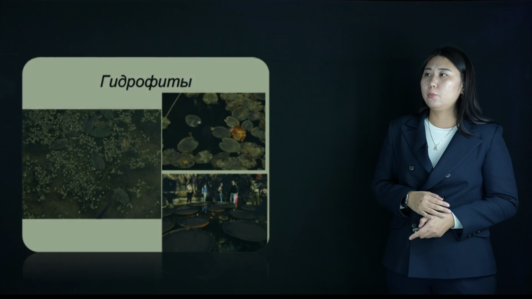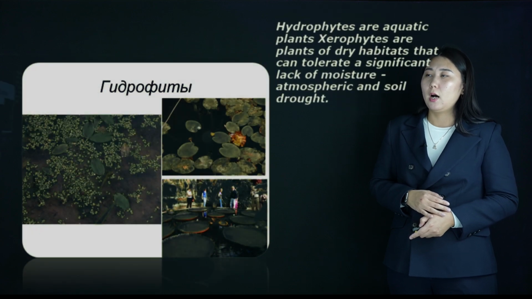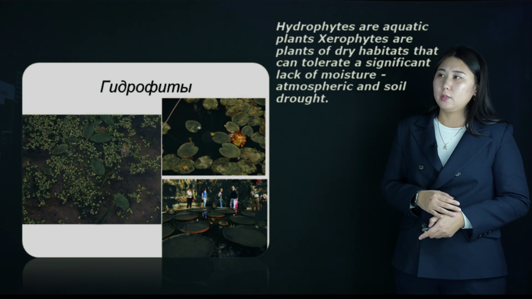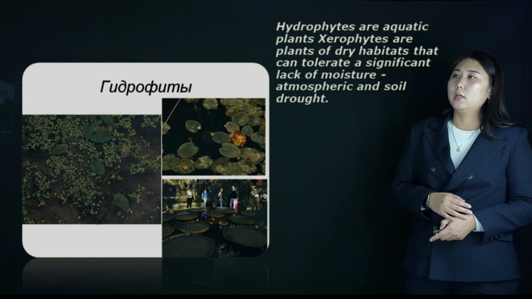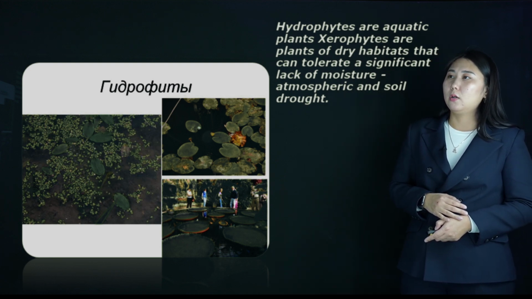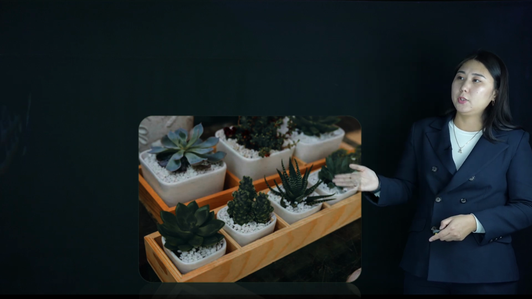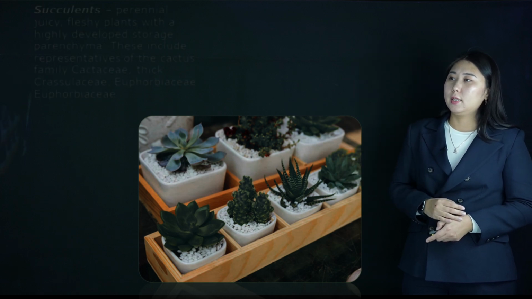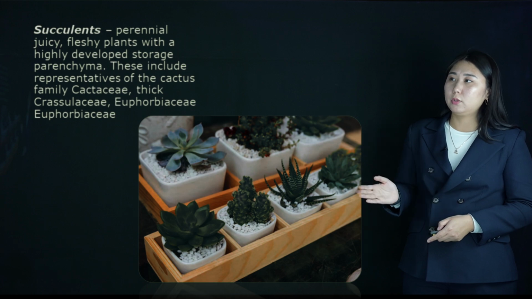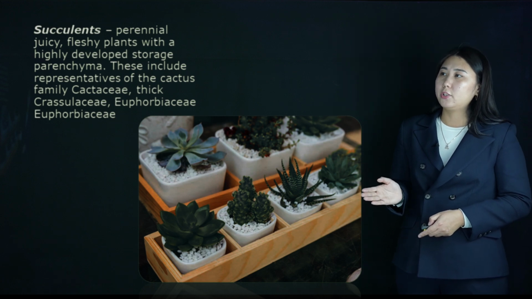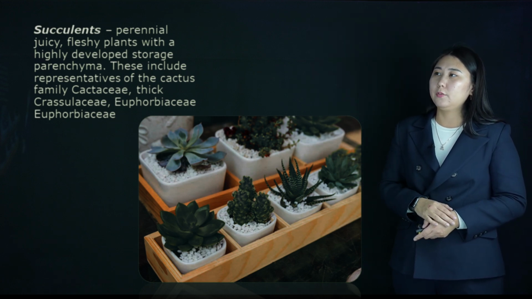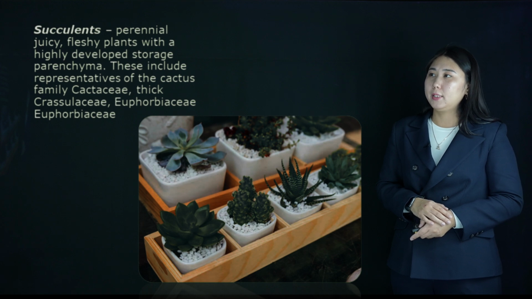The second group is hydrophytes. Hydrophytes are aquatic plants, while xerophytes are plants of dry places. In this picture, you can see the xerophytes or succulents. Succulents are perennial, juicy, fleshy plants with a highly developed storage parenchyma.